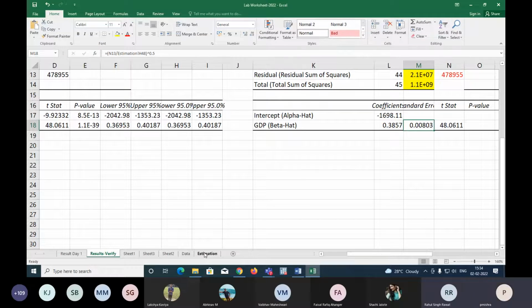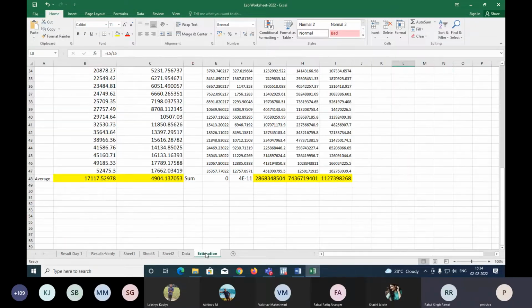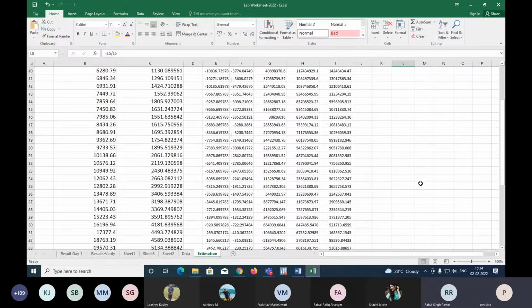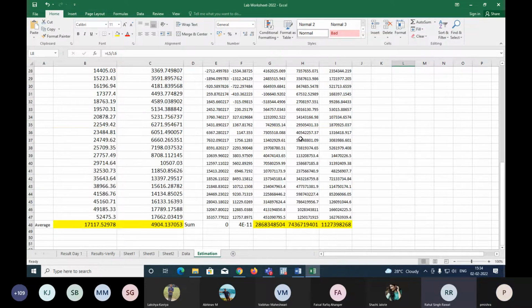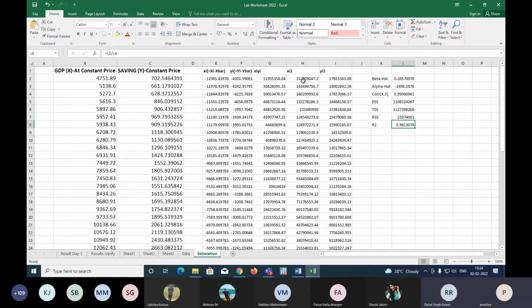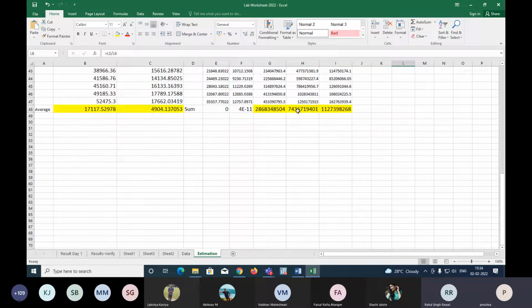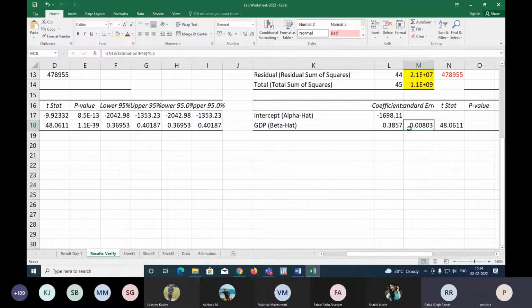Then what we are taking from this sheet is basically summation of small xi square, which is given here in column H. You see H48, of the worksheet estimation.